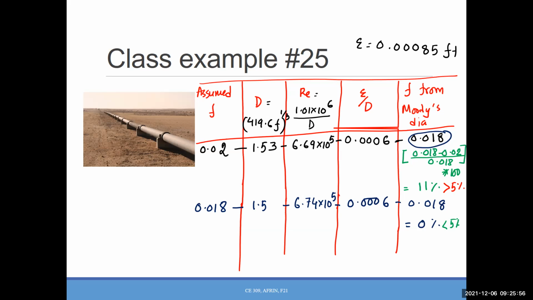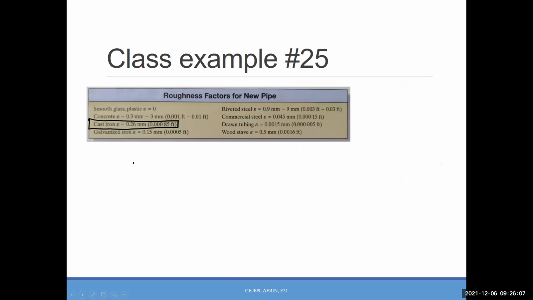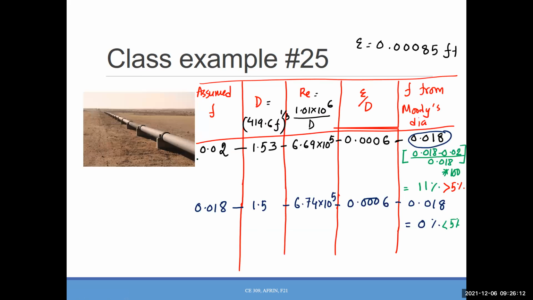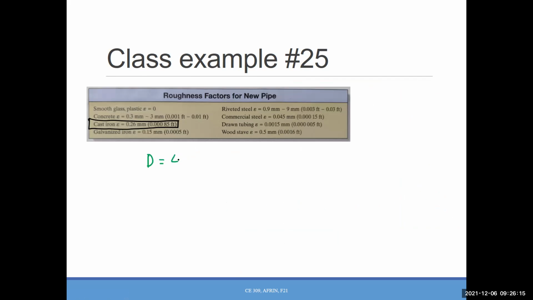Okay, so what we will do, since I got 0.018, basically the diameter I will get is 1.5 feet, right? So if you got something else, just calculate the new one here. The diameter was 419.6 times 0.018 to the power 1/5, which is 1.5 feet.